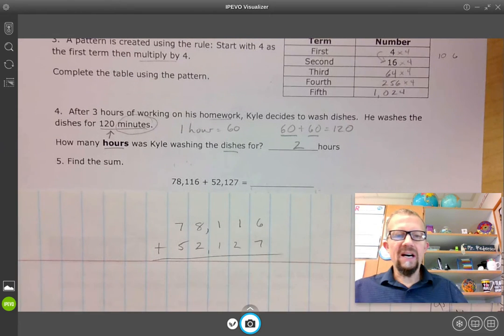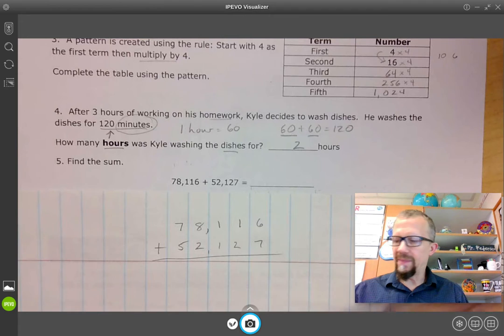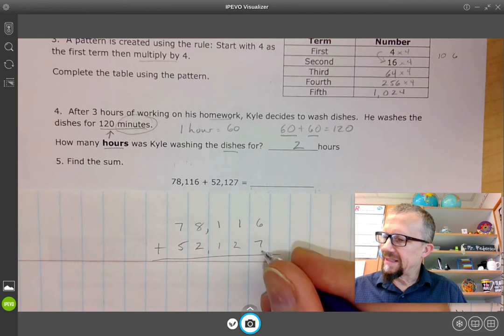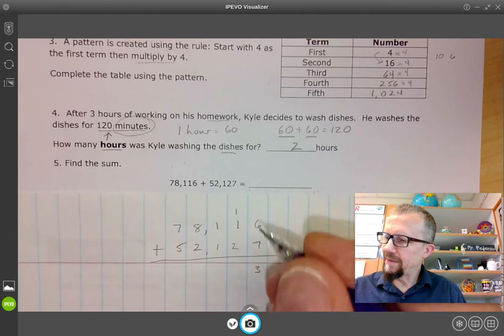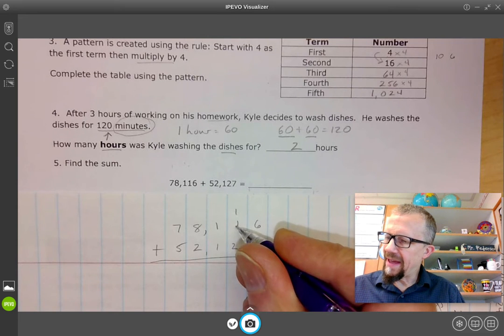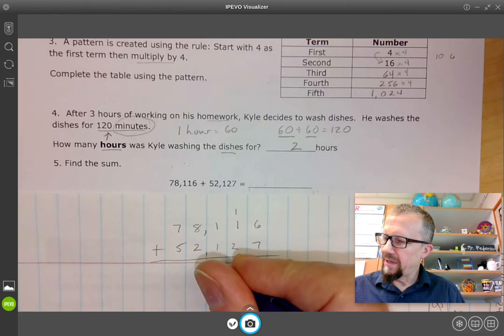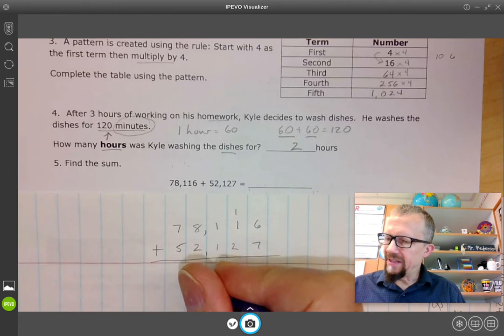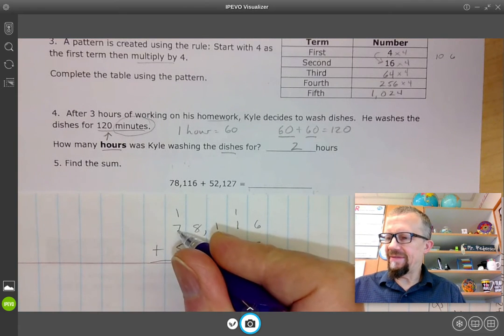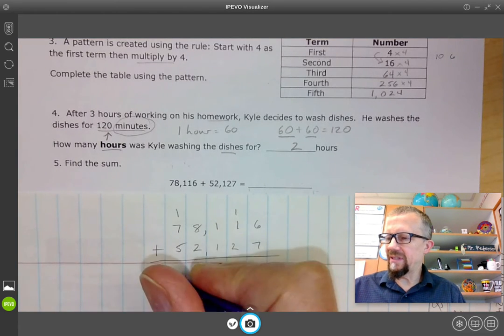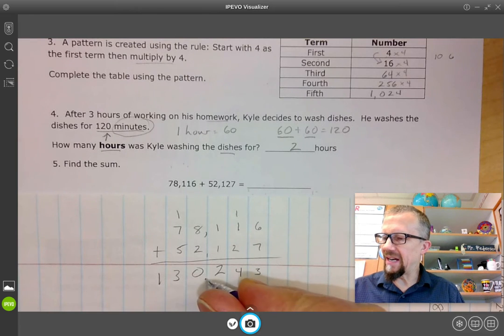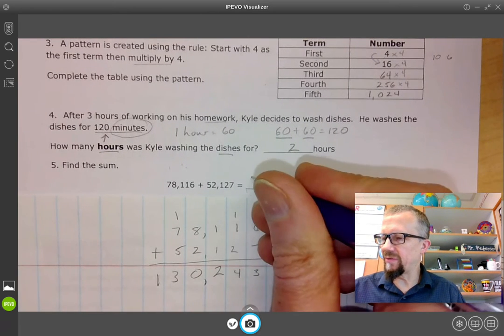Using the columns in your notebook paper really helps you keep everything lined up. 6 and 7 is 13. 2 and 2 more is 4. 1 and 1 is 2. 8 and 2 is 10. 7 plus 5 is 12. 13. Wow, I've got 130,243.